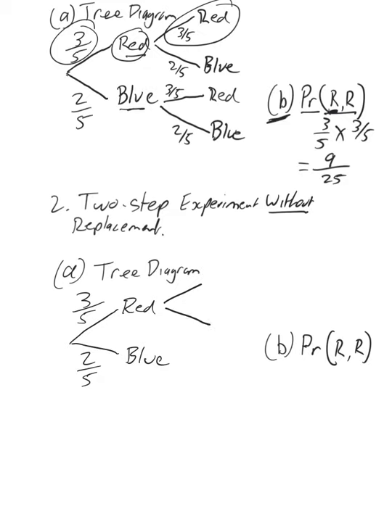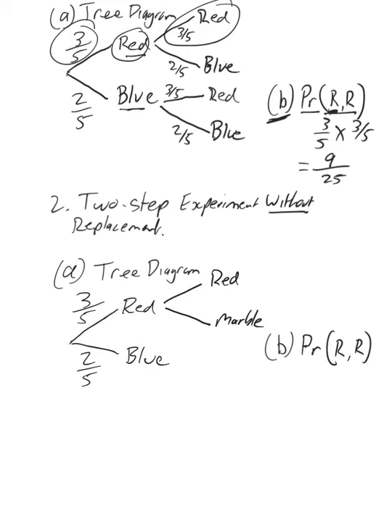There are still 2 outcomes with our second step, that is a red marble or a blue marble. But this time, the marble that was pulled out in the first step has not been replaced.